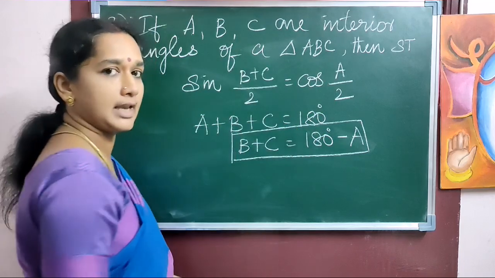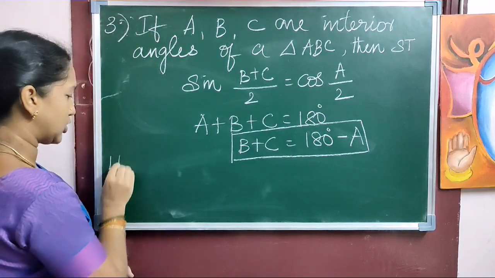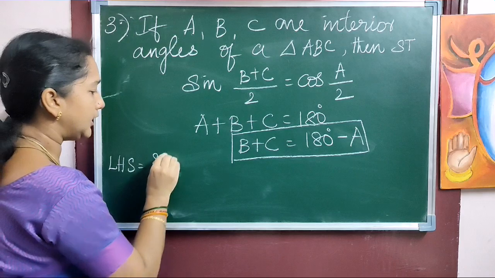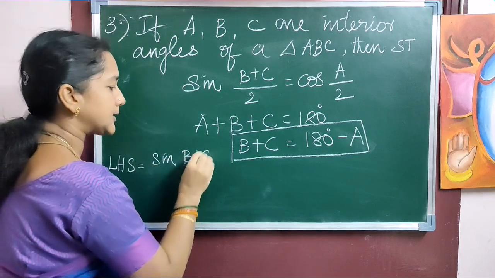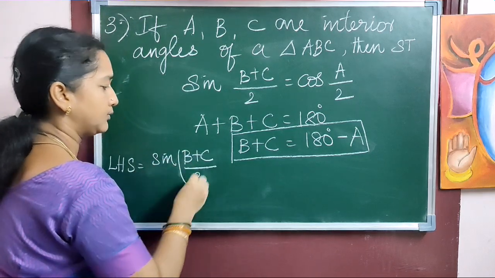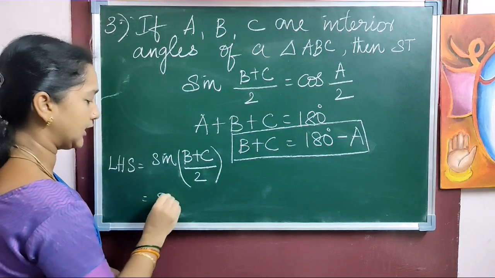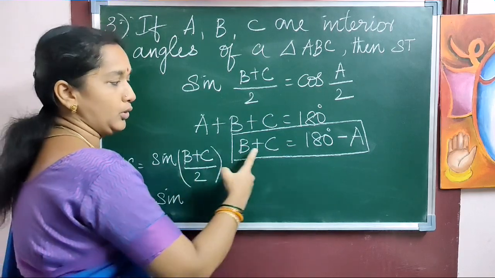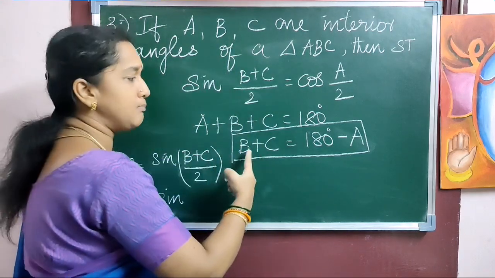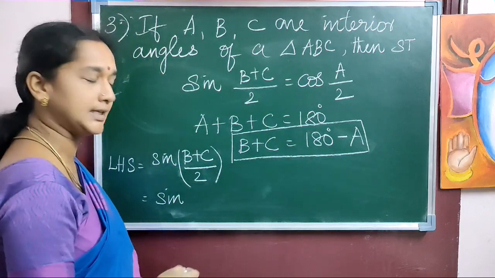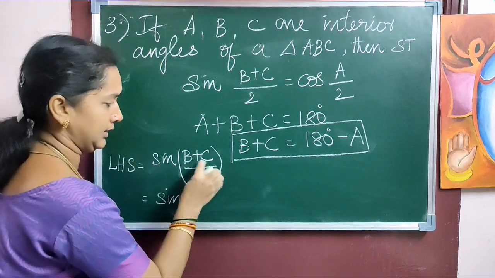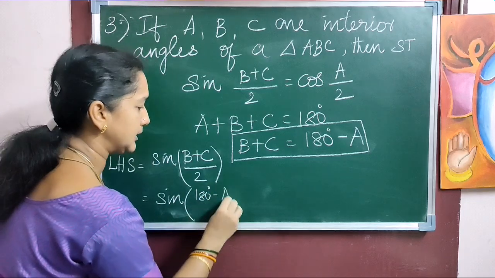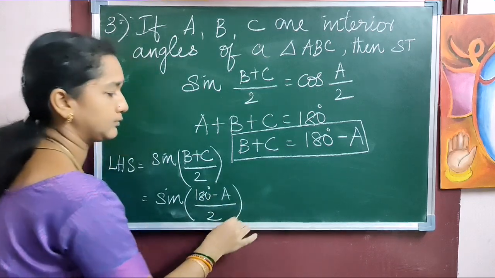Rewrite B plus C as 180 minus A, so it is sin of (180 minus A) by 2.